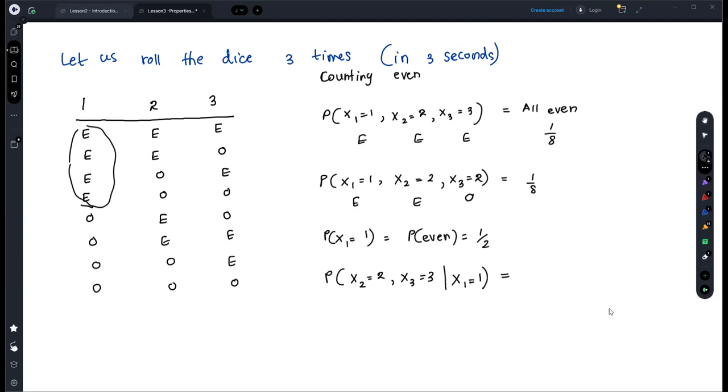Now think about the conditional probability definition. This will be the joint divided by the given one. Given is x1 equals 1. Now you have this probability, which is 1 over 8. You have this probability, which is 1 over 2. So what is the answer? 1 over 4.